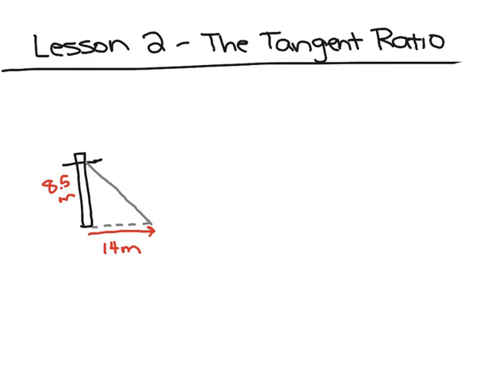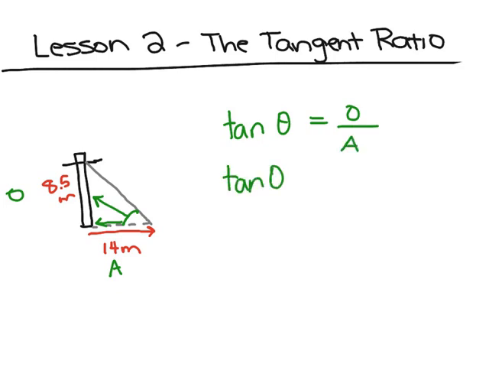So wire to the ground, we want this angle. Our opposite side is the height of the pole, and our adjacent side is the ground. So tan of theta is equal to opposite over adjacent. So tan theta is equal to 8.5 over 14.